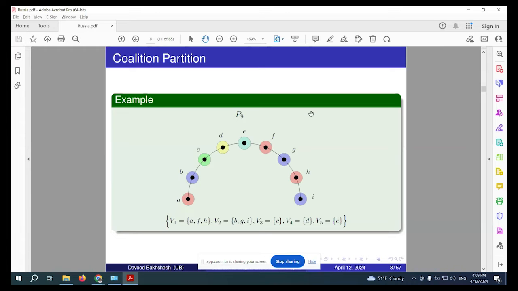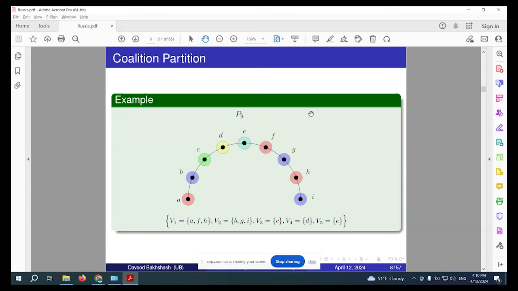You can see V1 and V2 have 3 elements, and V3, V4, and V5 are singleton sets. And we can easily check that this partition is a coalition partition.